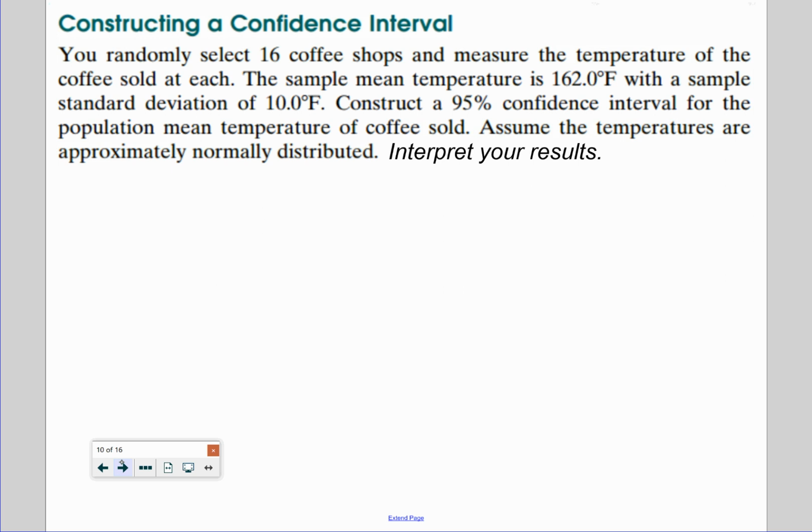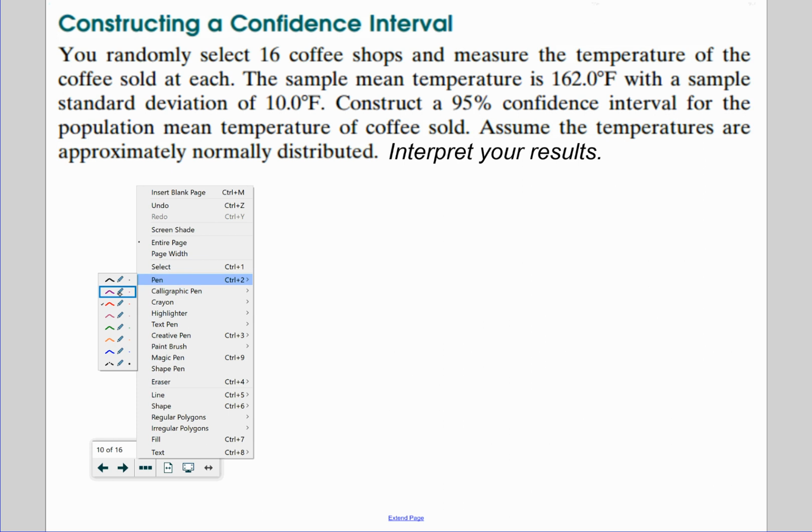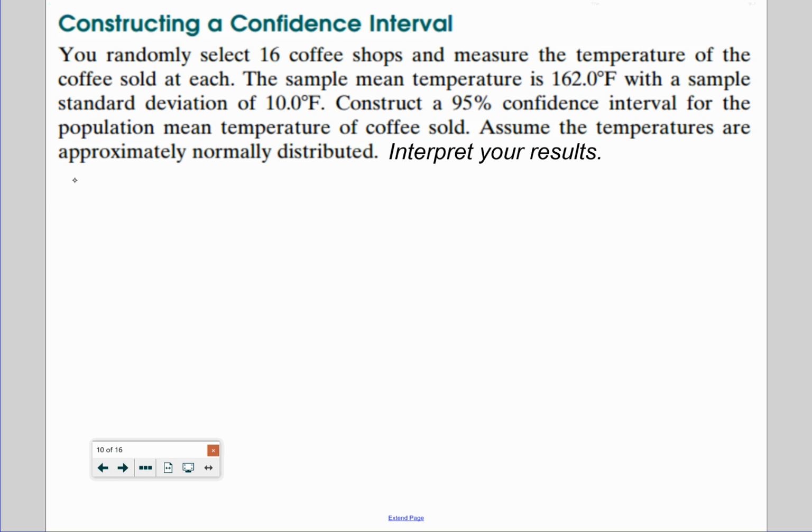All right, so let's start pulling information that we're given here. 16, what is 16? What variable? It's our n, that's our sample size. What's 162? That's our sample mean, so our x bar. What's 10?